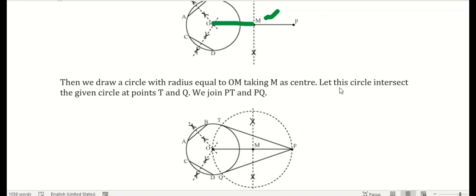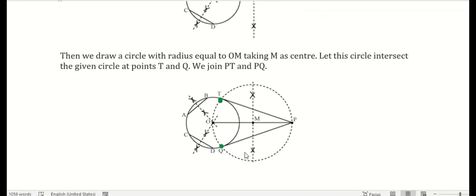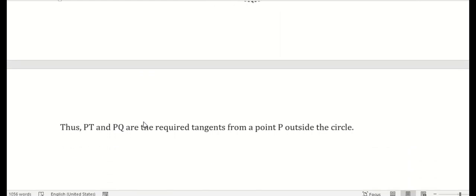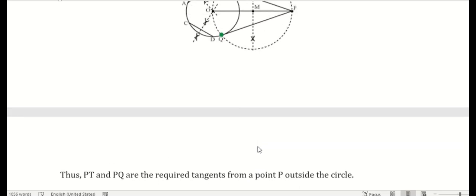Let this circle intersect the given circle at points T and Q. We join PT and PQ, right? Here you see, the new circle has to intersect the previous circle's circumference at T and Q. Thus, PT and PQ are the required tangents from a point P outside the circle.